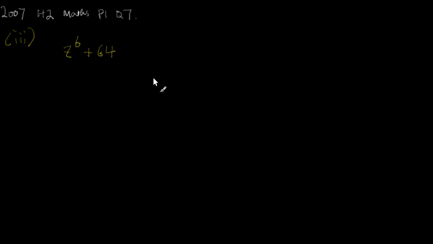So let's recall what we've done in the last question. We can make use of what we did in the last question. In the last question, we looked at z to the power of 6 equals minus 64, and we got the solutions.